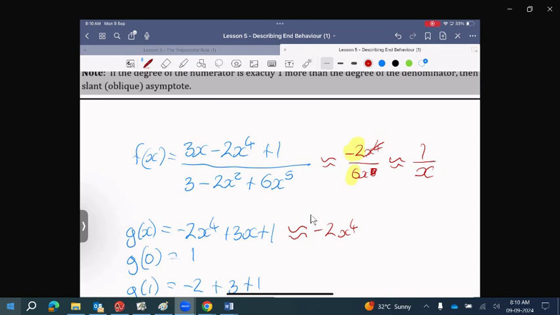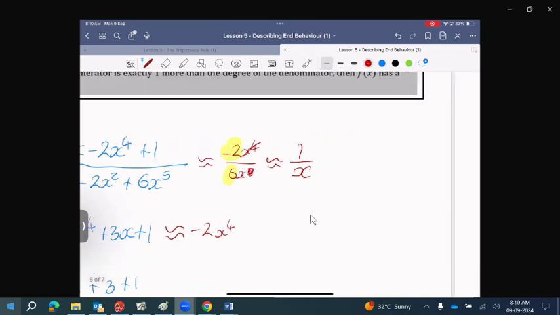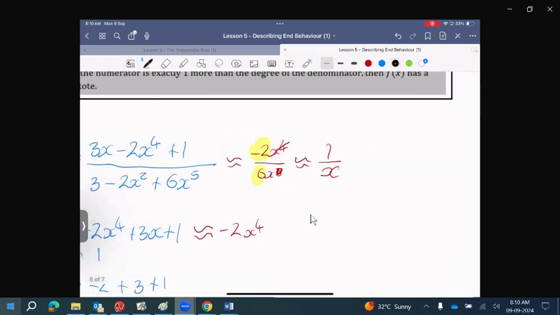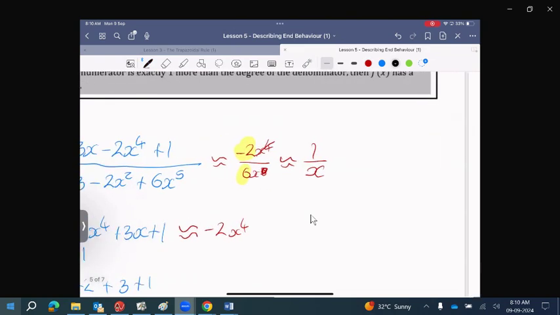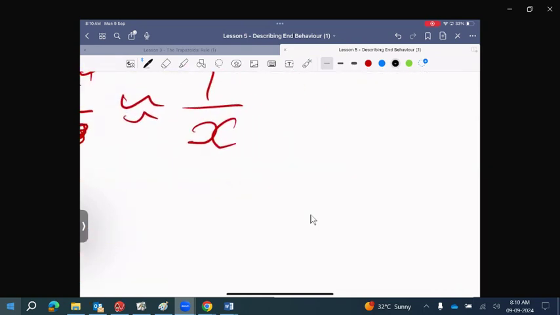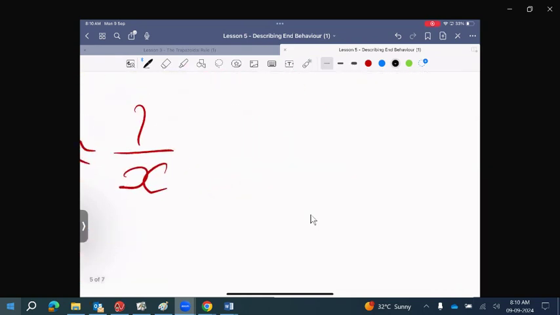You should know off by heart how this graph looks. Carlos? No. How does this graph look? Really, for anything to do with rational functions, this is what we call the parent function for all rational functions, and it's very important to know how it basically looks. So it's going to look like this.